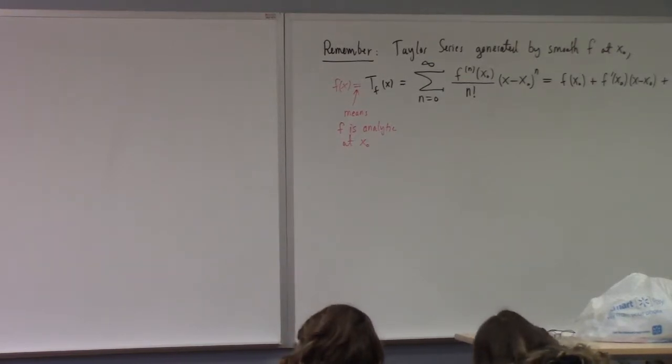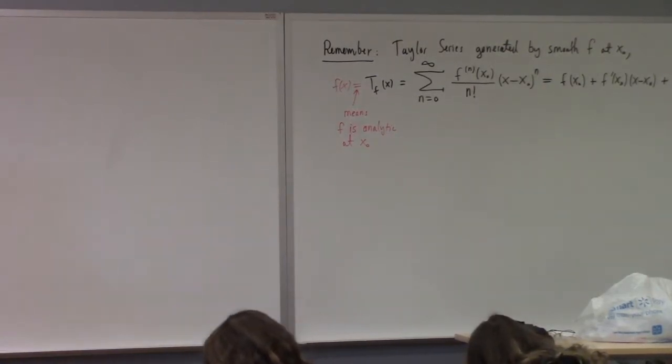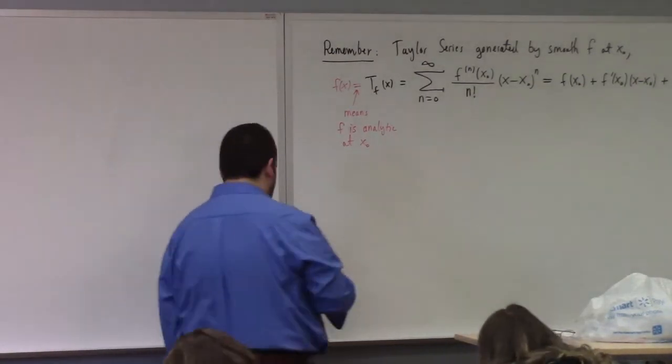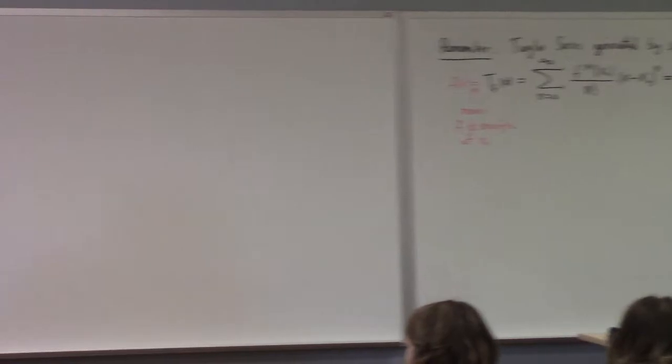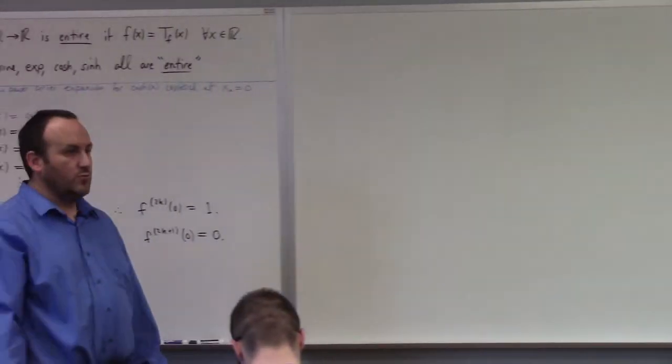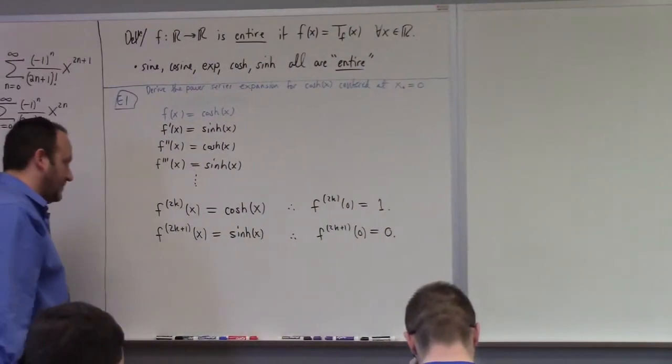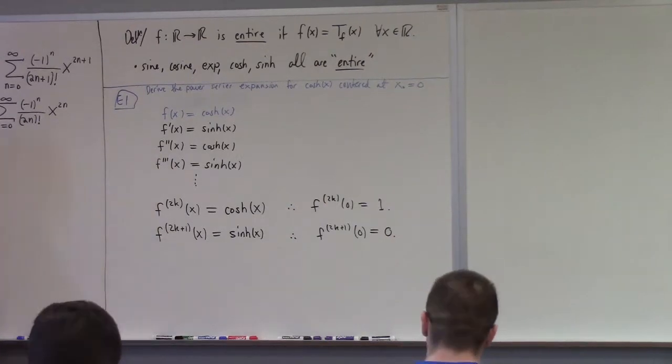So the power series always converges at its center to the value of the function there. That alone is not enough. But if it converges in some neighborhood, then it's said to be analytic at x naught. All right. So, having that in hand, what is the Taylor series generated by hyperbolic cosine?